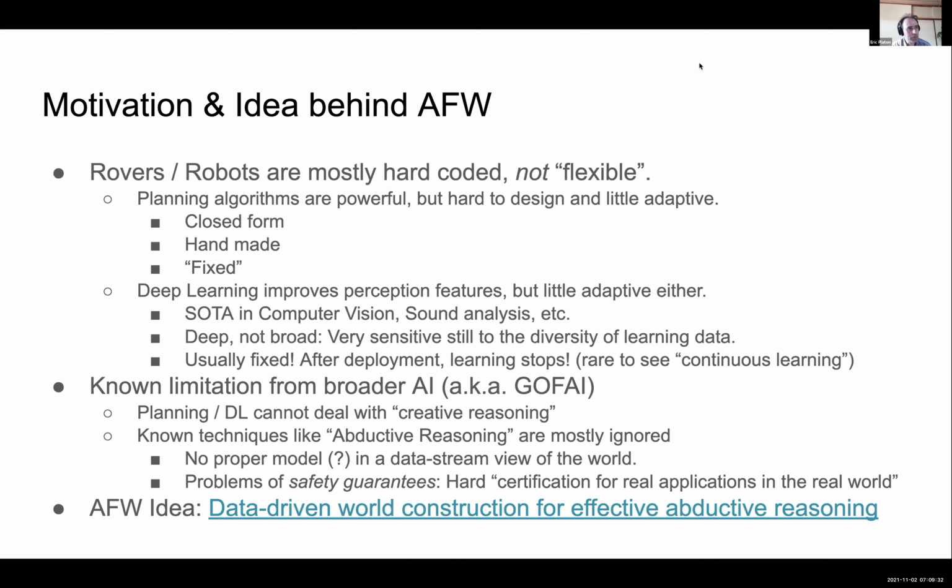With abductive reasoning, we hope to introduce some level of creative reasoning. I will say that it's not enough, but it gives some more flexibility. And as we're talking about engineering robots, there are also issues of safety and so on that come into play.